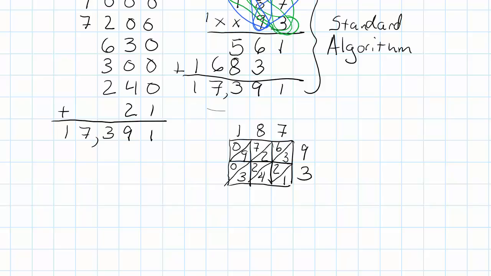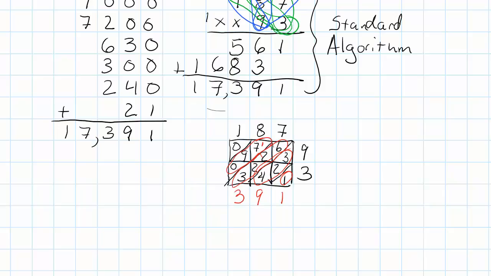And now we add up down the diagonals. Here we just have 1. Here we have 3, and 2 is 5, and 4 is 9. Here we have 6, and 2 is 8, and 2 is 10, and 3 is 13. So we write down the 3 and carry the 1.